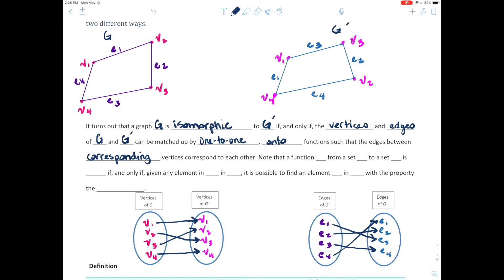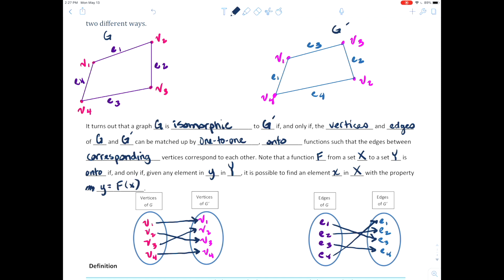Note that a function f from some set X to another set Y is onto if and only if, given any element y in the set Y, it's possible to find an element x in the set X with the property that Y is equal to capital F at x.